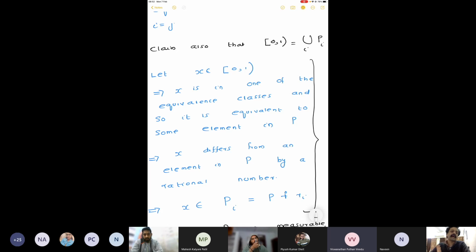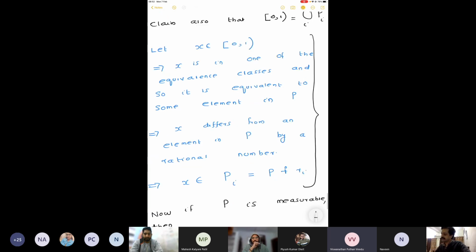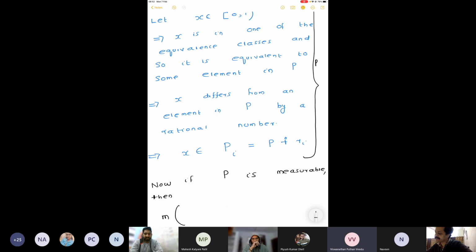I don't claim that I have proved it in all detail. With these ideas, try to prove that closed interval 0, open 1 is the union of Pi. I will not enter into the detail, but you can do it. This is the basic idea. With this basic idea in hand, try to prove it and polish this to get the claim.